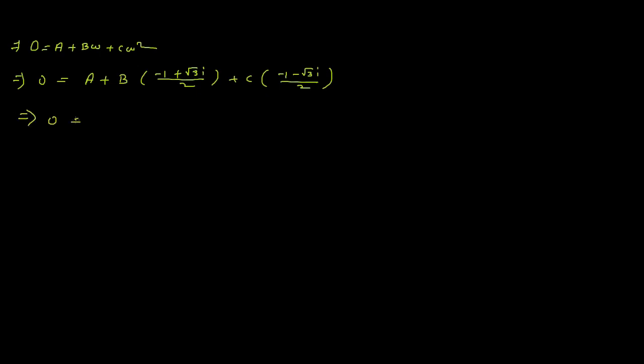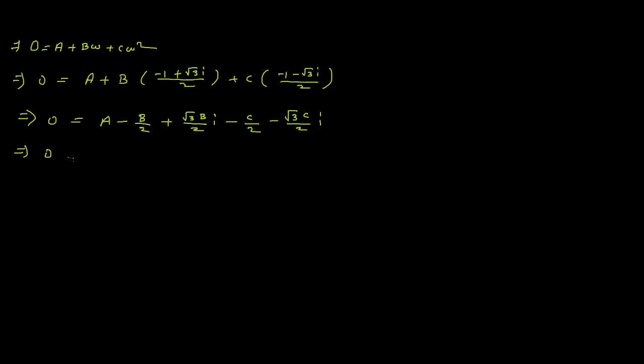Now 0 is equal to, we can write A, this is something like I can multiply B, so this will become minus B by 2 plus root 3 B by 2 iota. This is minus C by 2 minus root 3 C by 2 iota.